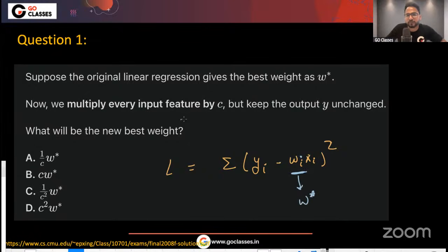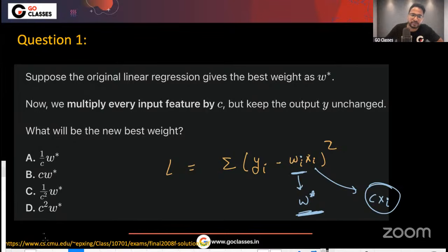Now they are saying that they have multiplied each input by c, which means xi is now cxi. So what do we need to do with w such that we still get the best result, the minimum loss?